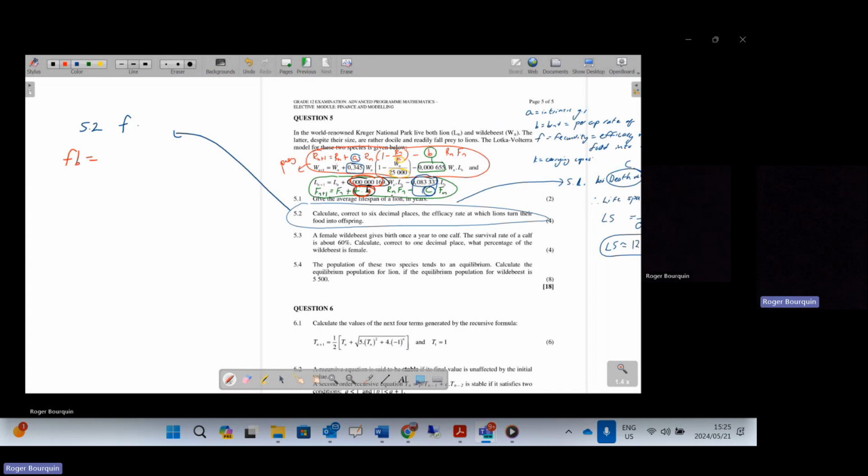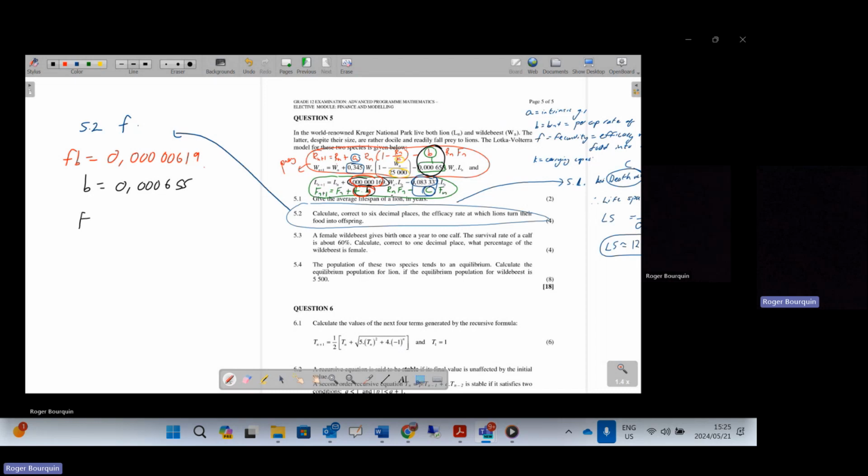So FB, if you match it up with your formulas, is that figure over there. But we also, from the wildebeest model, know B. So we've got B is equal to 0.000655. And we can use both of those in order to find F.